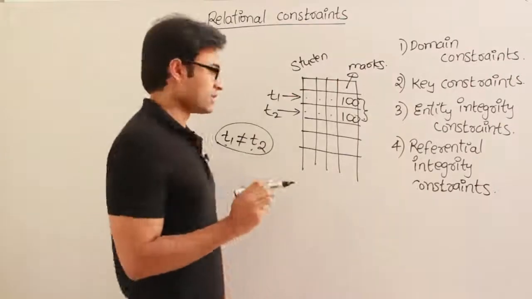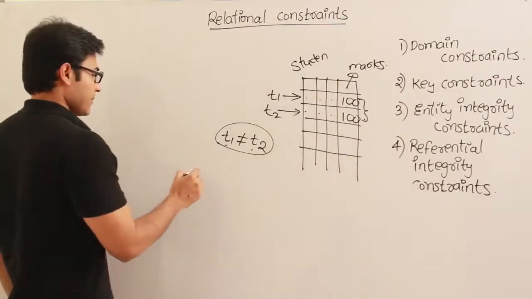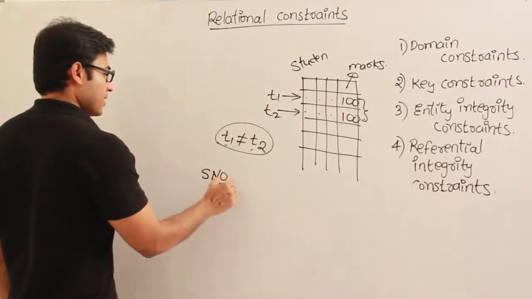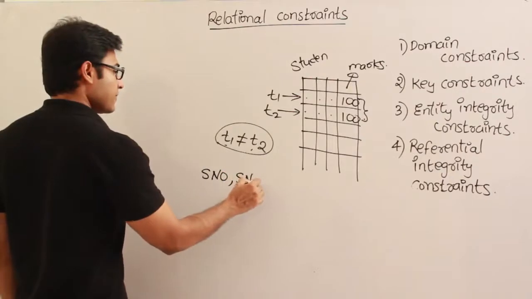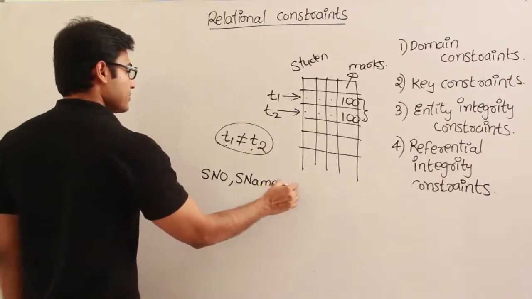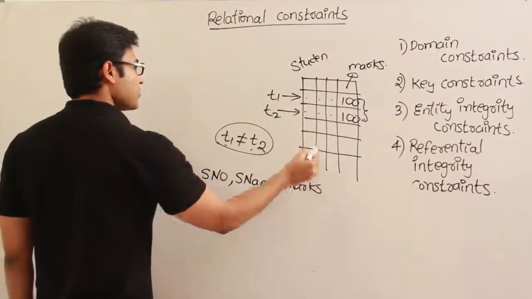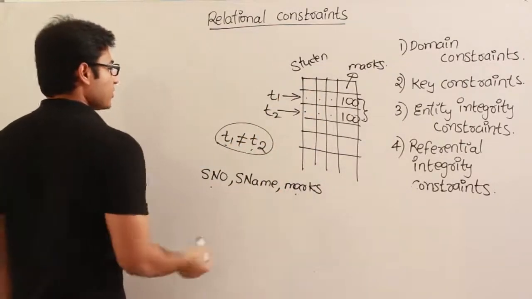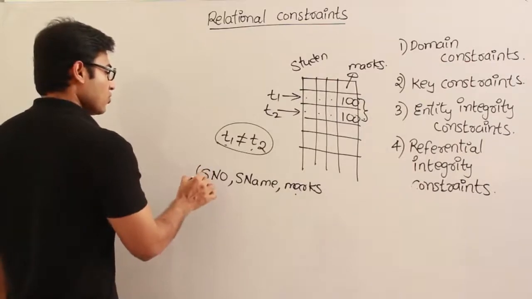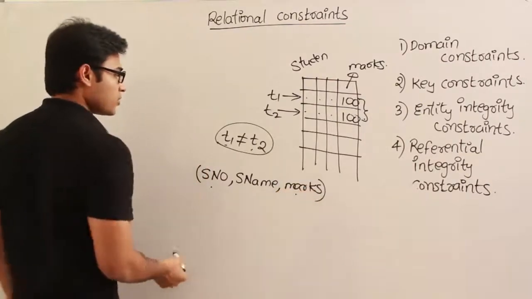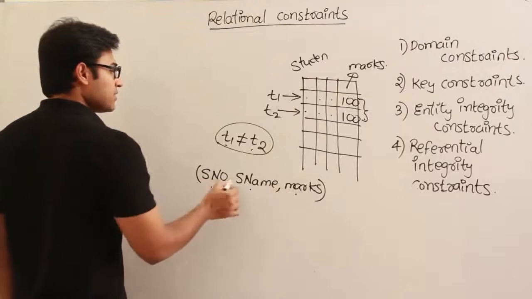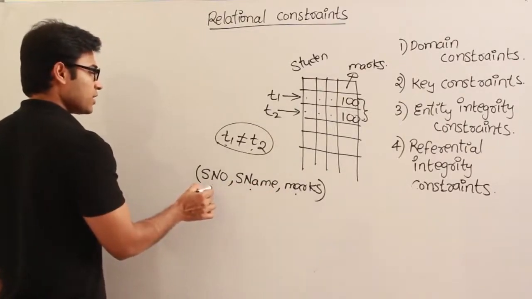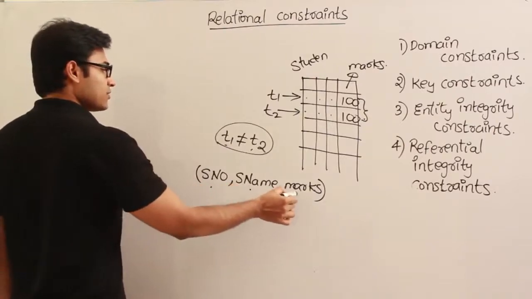Let us say I take these attributes: student number, student name, and marks. I'll take these three attributes from this table, where let us say there are 5 or 6 attributes. Now I say that no two students are supposed to have the same values in these three attributes, which means no two students should have the same student number, same student name, and same student marks.